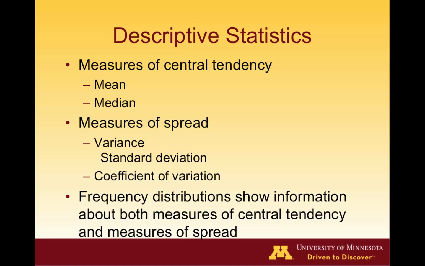So we need measures of spread, which include variance, standard deviation, and coefficient of variation. And frequency distributions also show information about both measures of central tendency and measures of spread.